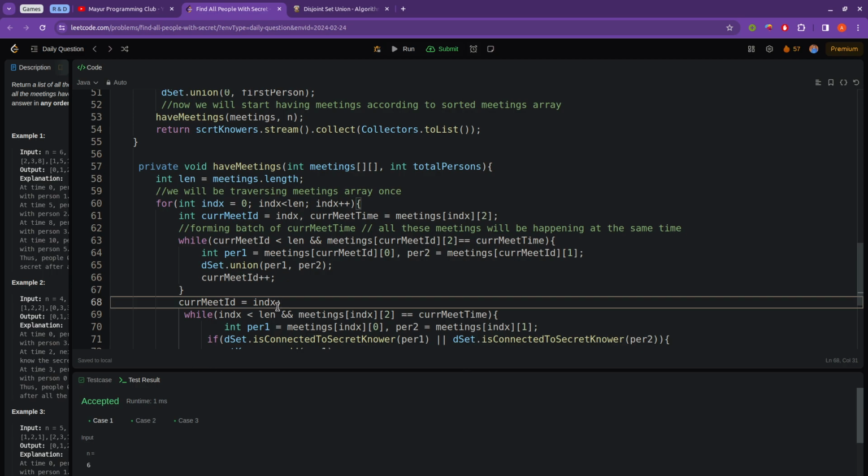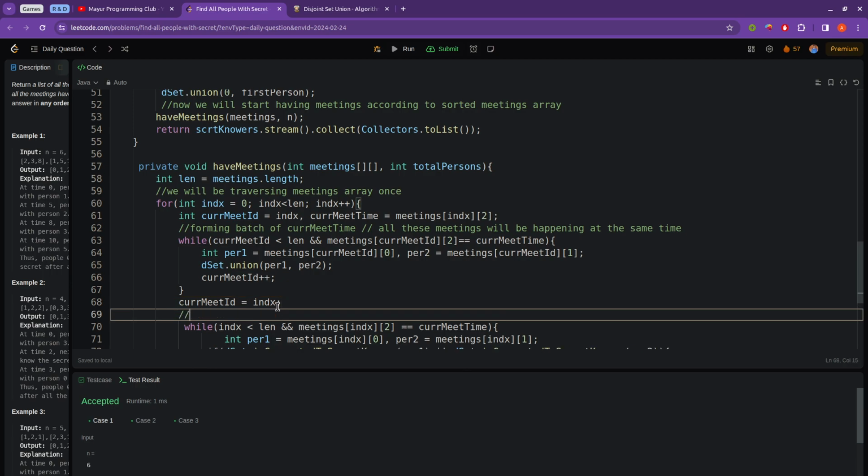Okay, and we have just formed the batch. Now we will process the current time batch, or you can say current meet time batch, to spread the secret if possible.